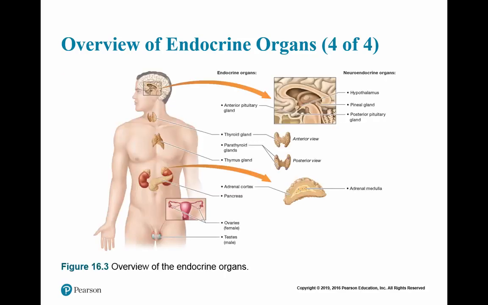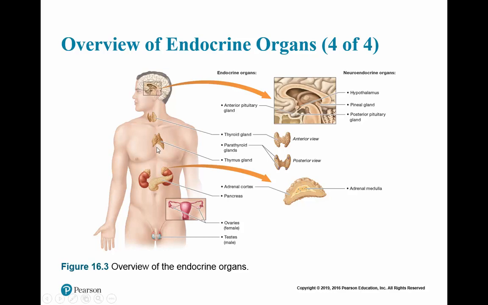And this is the picture I was looking for a while ago. You can see the hypothalamus and the anterior pituitary, and then the pineal gland that are in the skull. And then you have the thyroid gland in your neck, and behind it there are parathyroid glands on the back side of it.